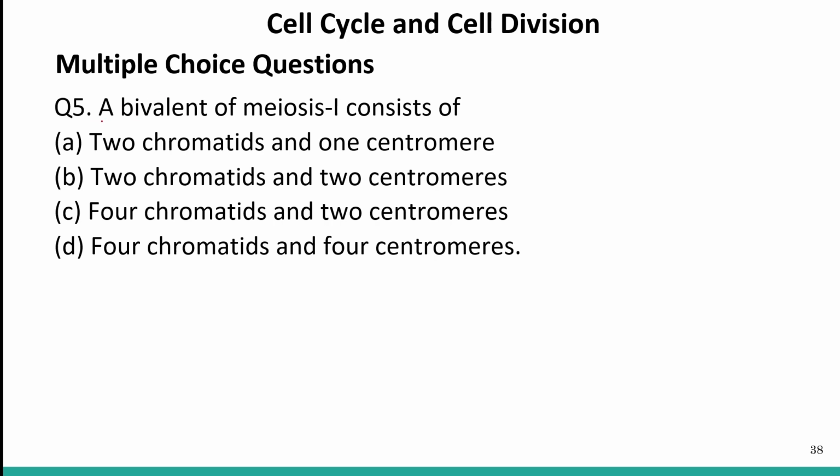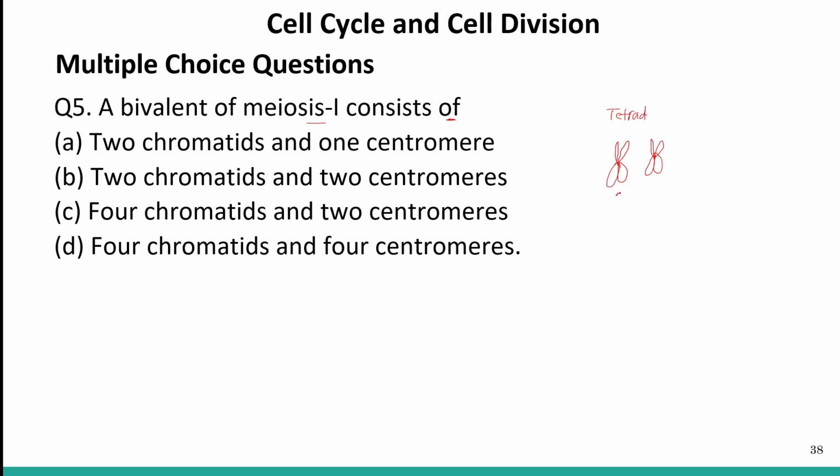Now the next question is, a bivalent of meiosis 1 consists of, okay, so what is a bivalent? So bivalent consists of 2 chromosomes. Okay, this is a bivalent, also known as a tetrad.